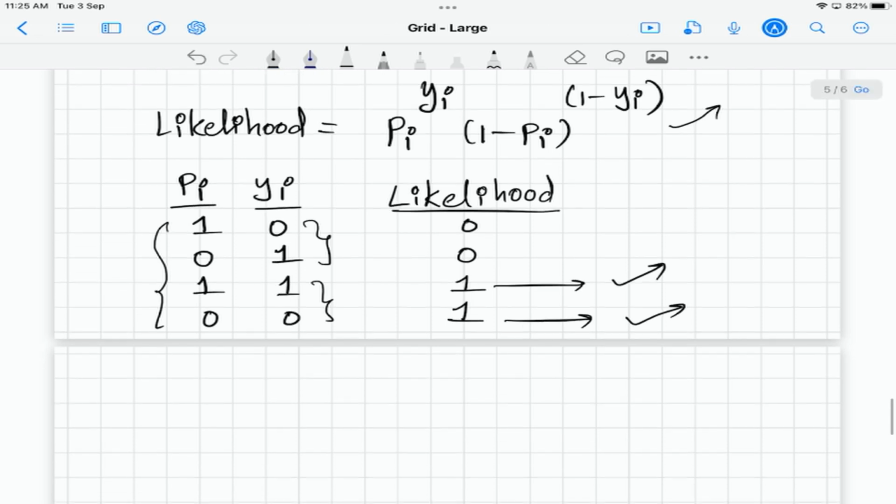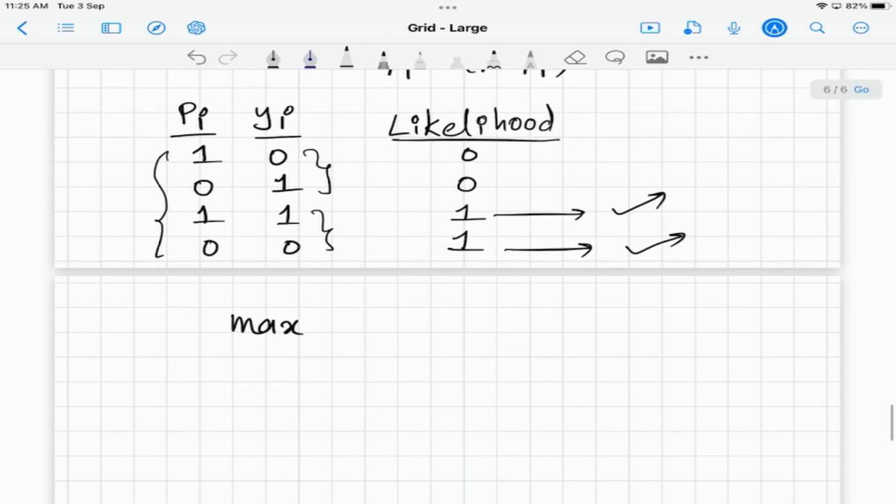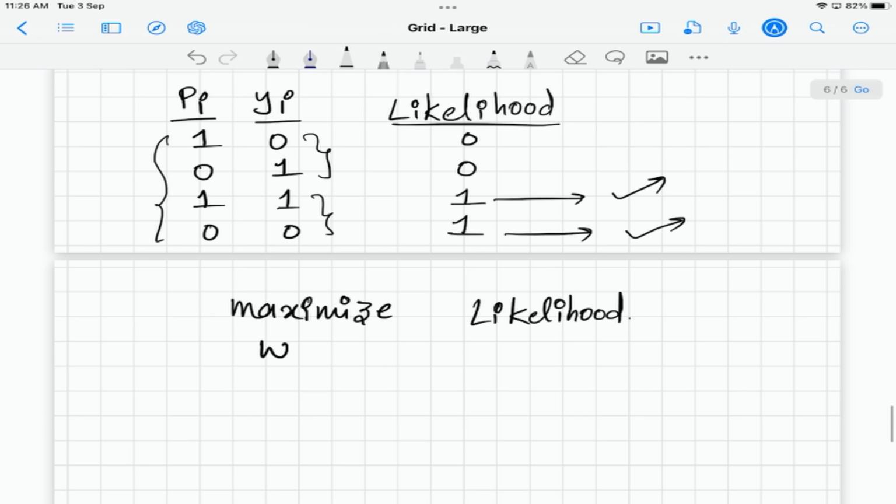So now if I maximize this likelihood term, it means that I am making my predicted probability and my ground truth probability similar. So my learning, my logistic regression problem, boils down to maximizing likelihood with respect to W1 and W0.